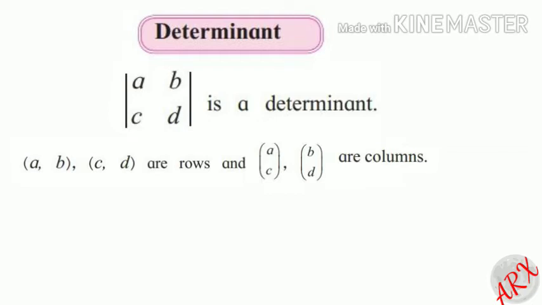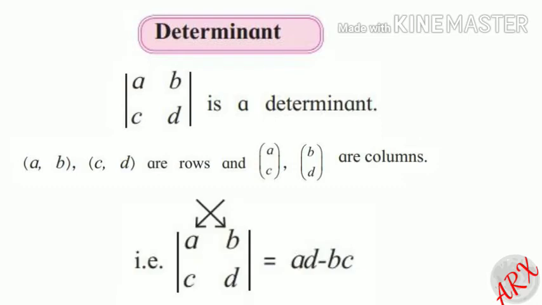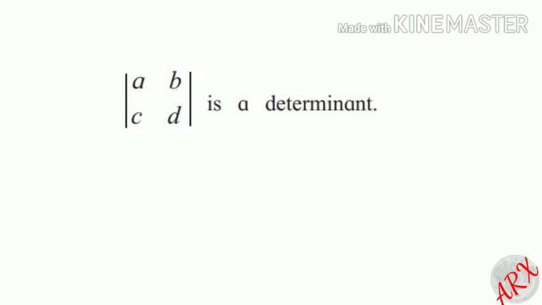The degree of the determinant is said to be 2 by 2 because there are two rows and two columns. Determinants are usually represented with capital letters A, B, C and so on. The value of the determinant will be A into D minus B into C.